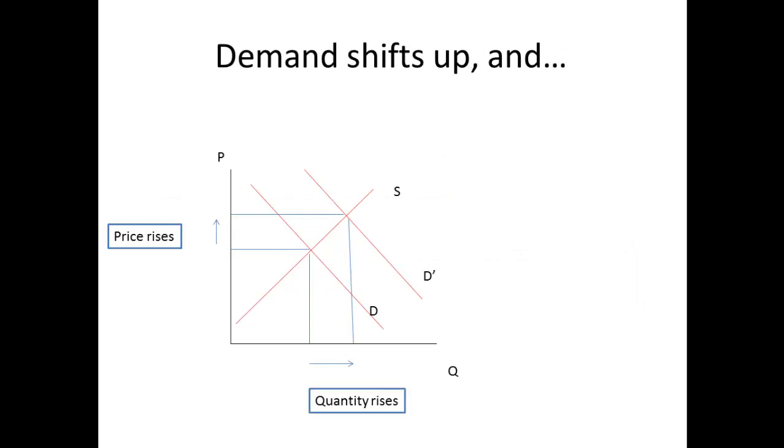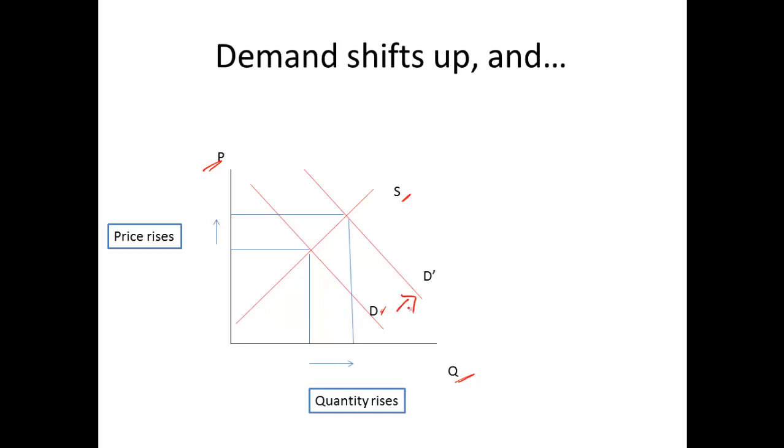So we can analyze this in supply and demand diagrams, and indeed we have such a situation here. We've got price on the vertical axis as usual, and quantity on the horizontal as usual. We have an original demand curve, D, an original supply curve, S, and then we have the ethanol subsidy going into effect, and demand shifts from D up to D prime.